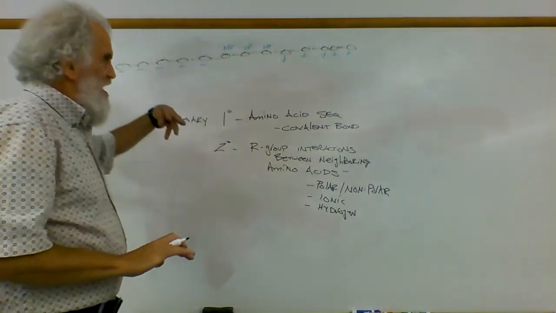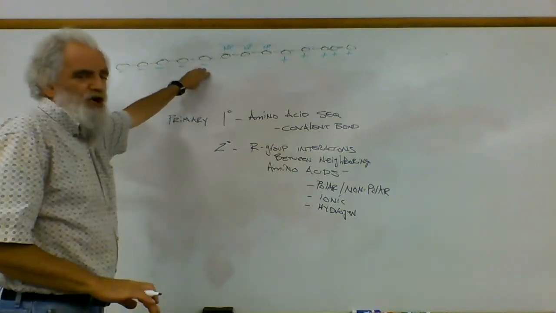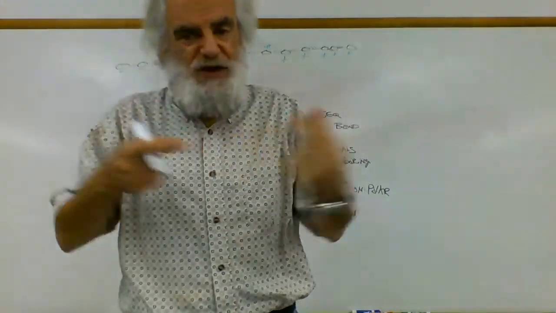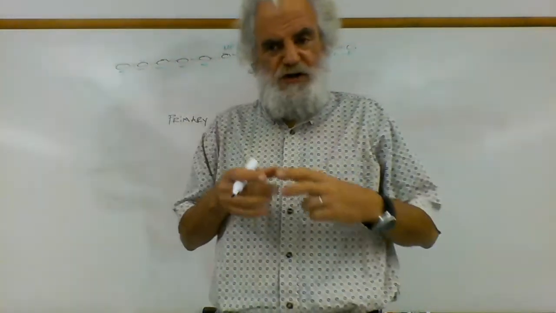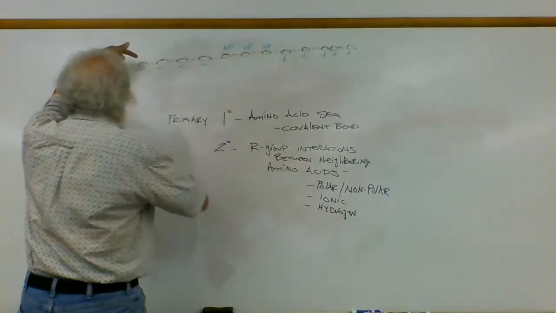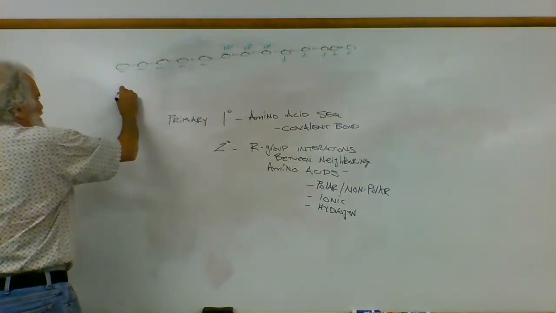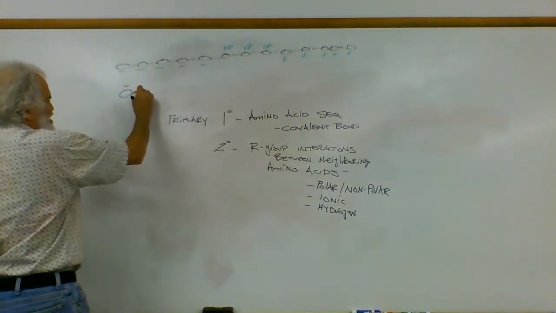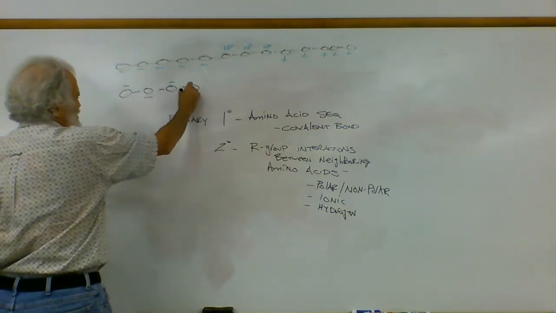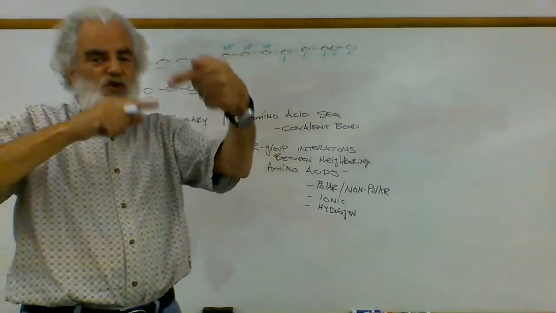So a way of thinking about this is we've got a bunch of like-charged R groups. Because they're all negatively charged, they can't stand next to each other. They're repelling each other, so they begin to twist. This group of amino acids is going to rotate such that we've got the charges alternating on either side. So the molecule actually begins to twist.